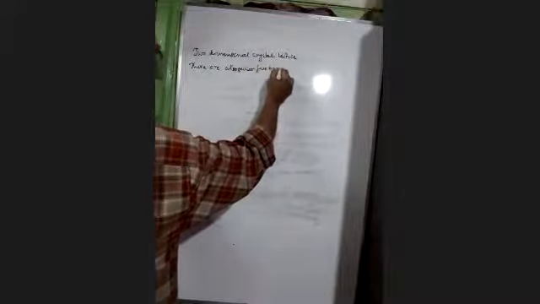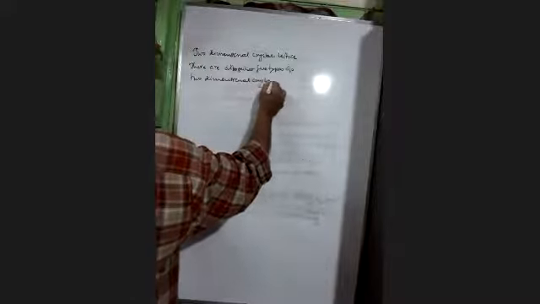So there are all together 5 types of two-dimensional crystal. This one I'm writing only for the end.